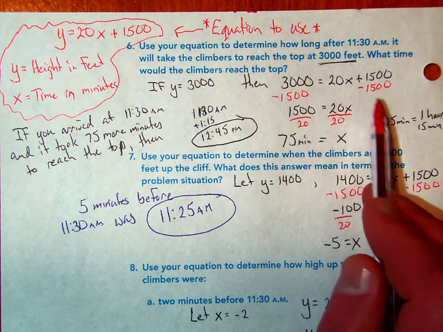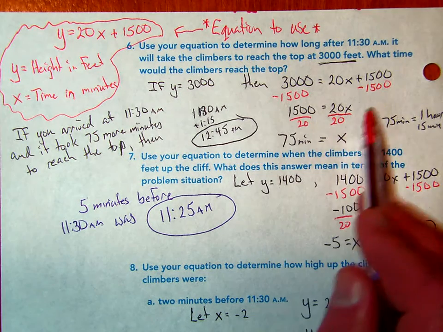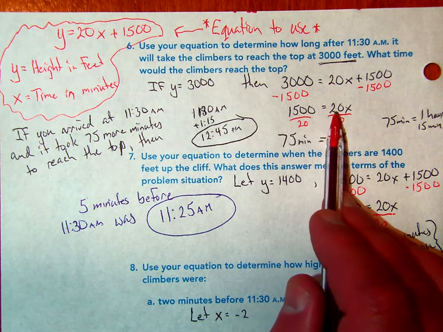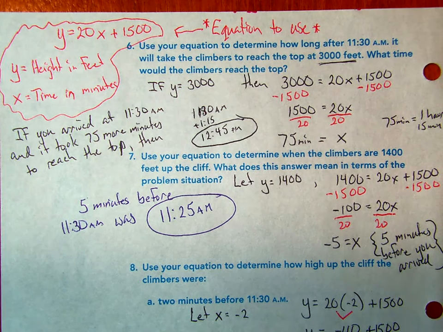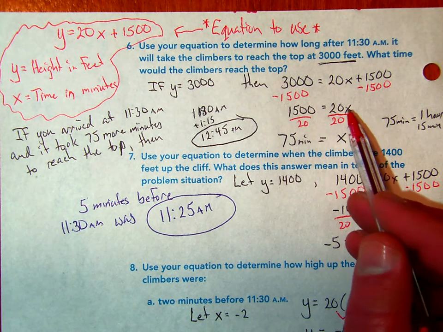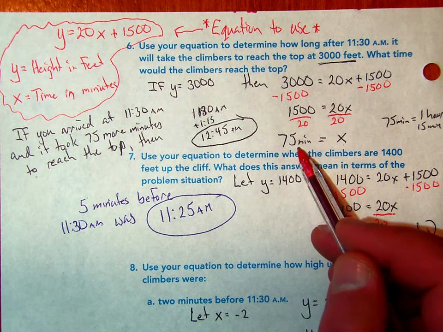Using the subtraction property of equality, I subtract 1,500 from each side. That leaves 3,000 minus 1,500, which is 1,500, equals 20x. Well, 20 is being multiplied by x, so I need to divide both sides by 20, the division property of equality. 20 divided by 20 is 1, and 1,500 divided by 20 is 75.